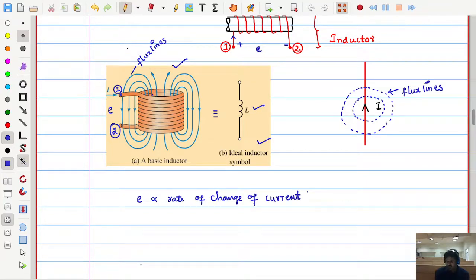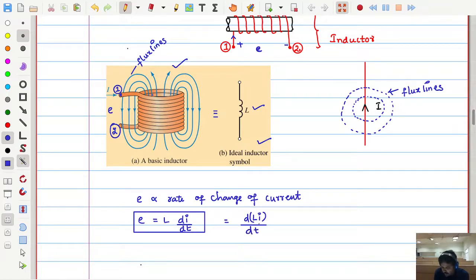This conclusion is from Faraday's laws, that the amount of the induced EMF in a coil is proportional to the rate of change of current, which we can write with the proportionality constant as inductance L. So L into di by dt. This is the voltage or the induced EMF. We can make this expression a little bit different. This L is constant, so basically we can bring it inside the differentiation.